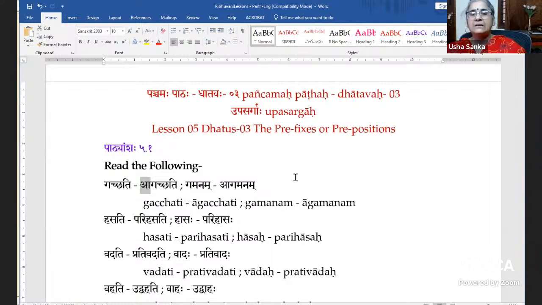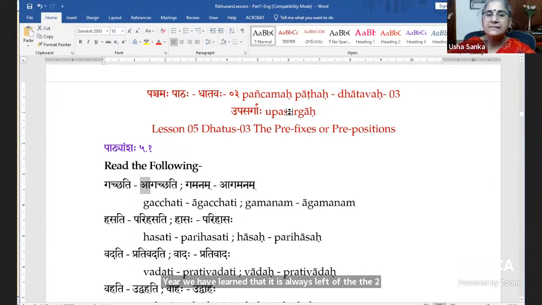Upa means near, sarga that which is generated nearby. We have learnt that it is always to the left of the dhatu. It is never on the right side.